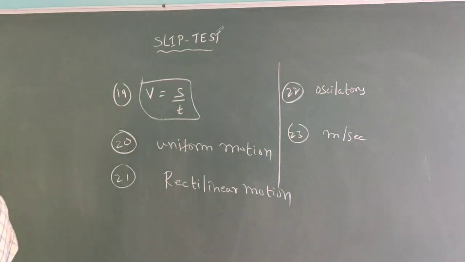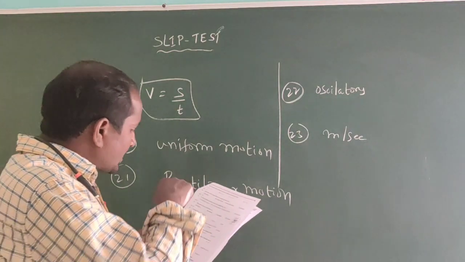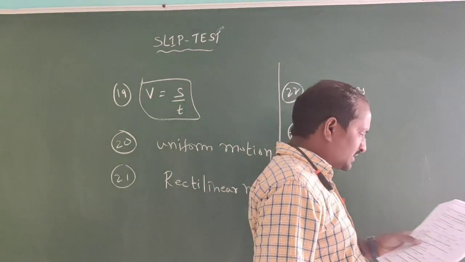The SI unit of speed is meter per second. Next one, a car has a maximum speed limit of 108 kilometer per hour.